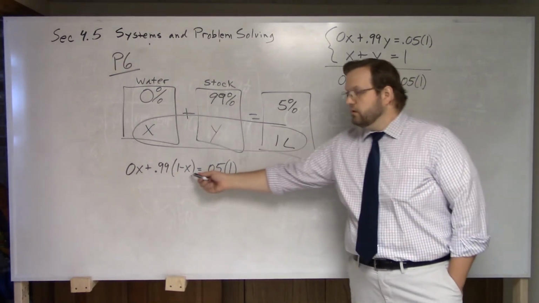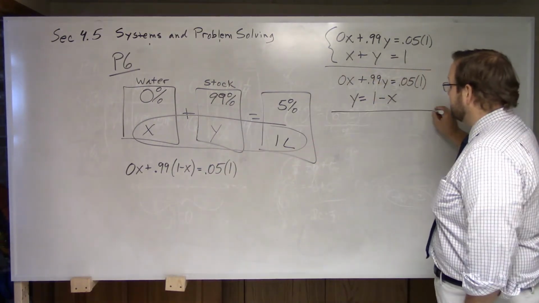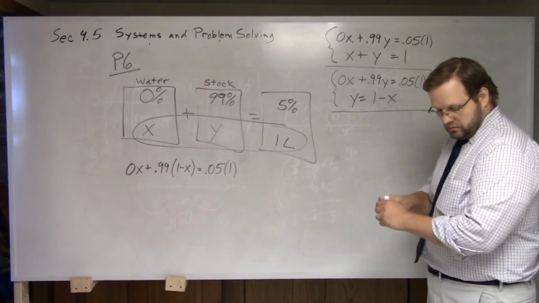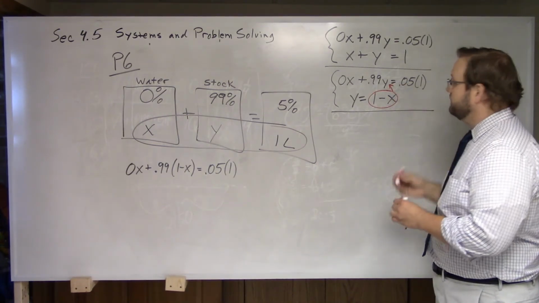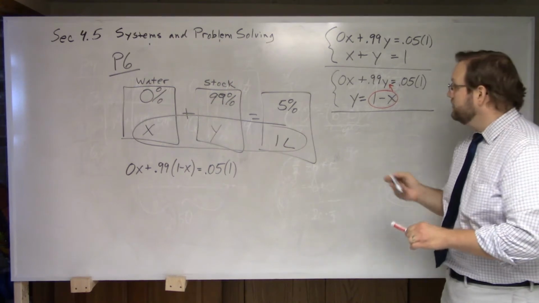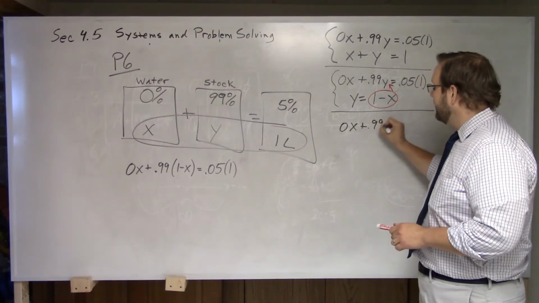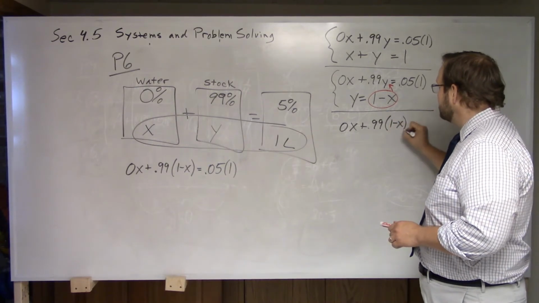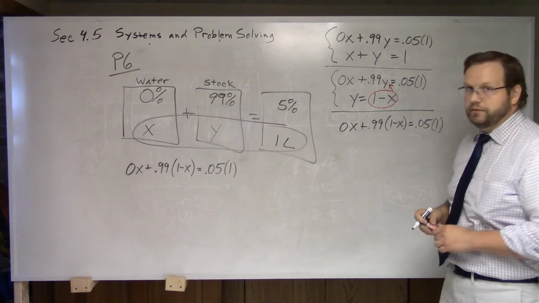Does that look familiar? Okay, and then to substitute, I would put this in for y. So I have 0x plus 0.99 times 1 minus x equals 0.05 times 1.